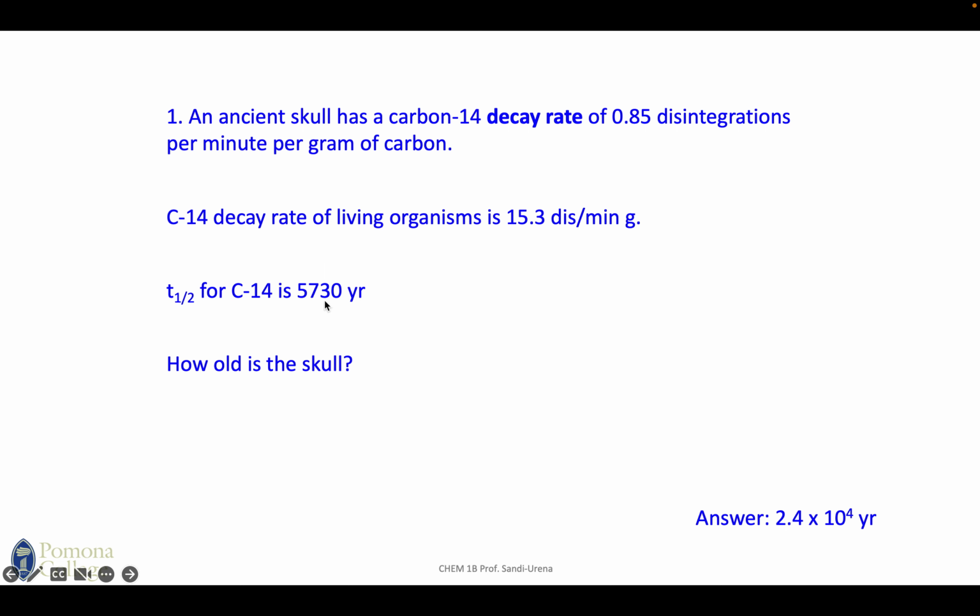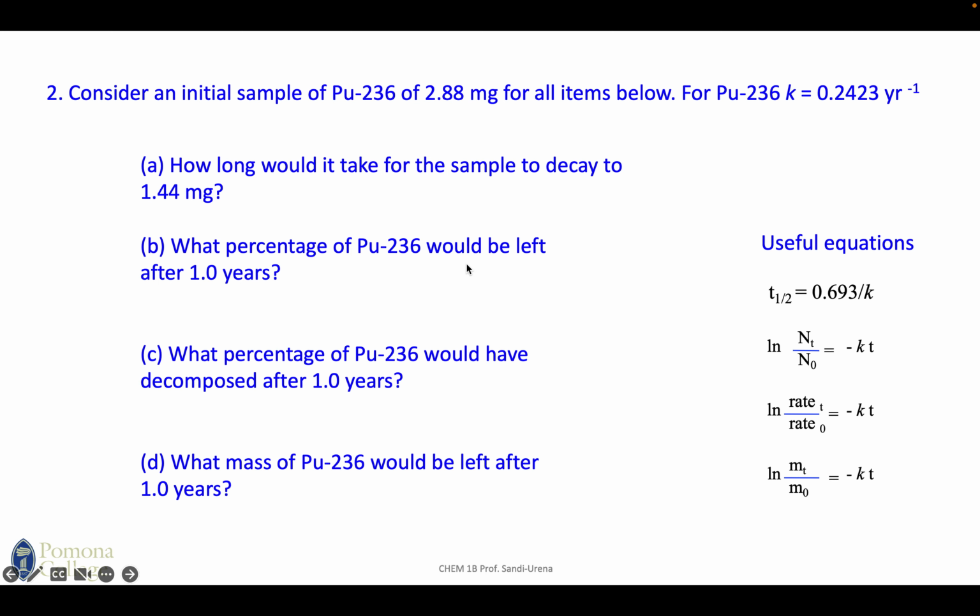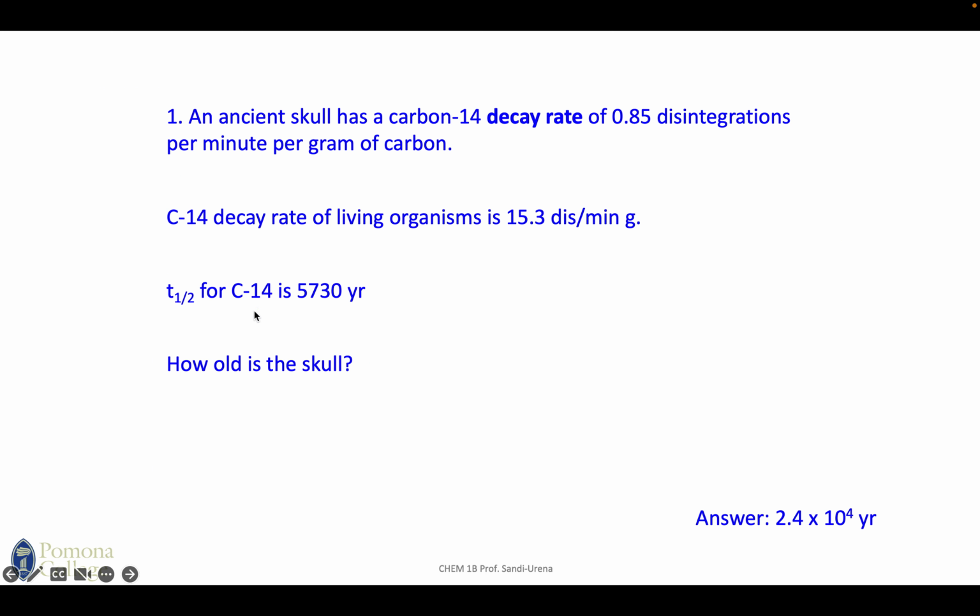They give you the value for the half-life. You need to find out the age of that skull. Okay, so you have the decay rate, which we said we could use instead of the number of particles. It's proportional. And the half-life.